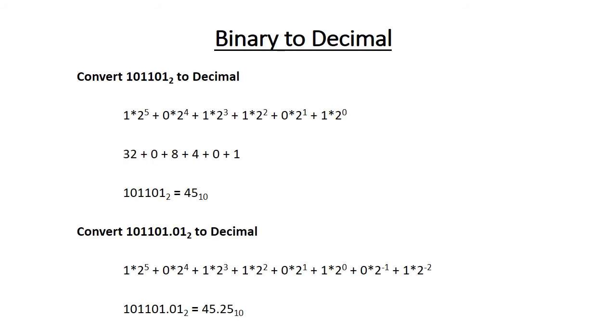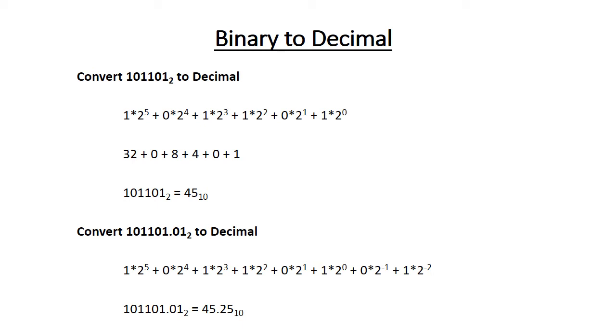Now converting a binary number to decimal. An example is given there. Convert 10110 to the base 2 to decimal. So here we have to multiply with 2. We are converting a binary number to a decimal number, and we have to multiply with 2. Again, I told you the reason, since the base is 2.